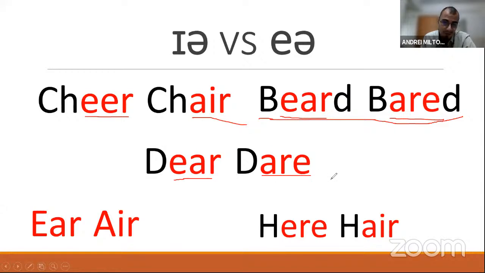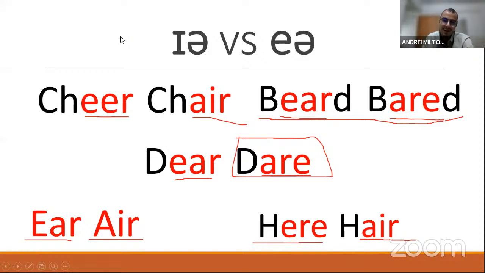It's not dar also, it's not dar, okay, it's there. It is ear and air, right? Ear and air, here and hair, right? It's not higher also, right?